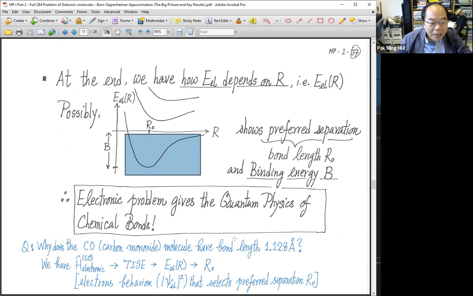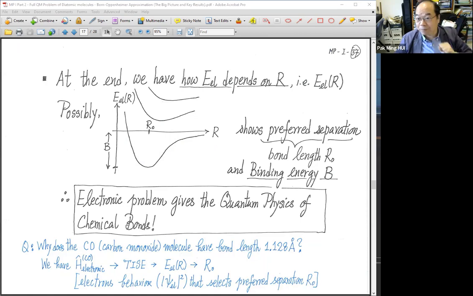In particular, often you will see a bonding profile like the lowest one here. Immediately, you see the electrons select, and that is the key concept.